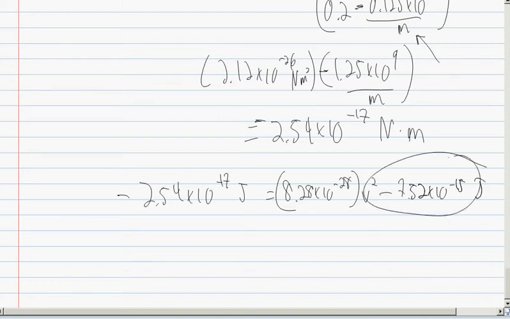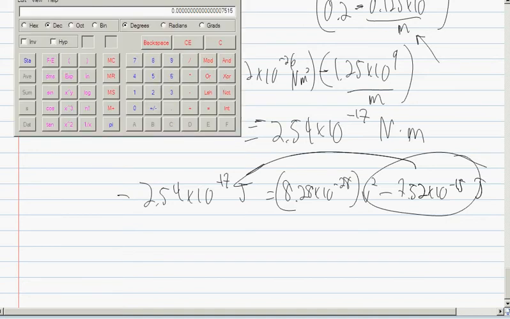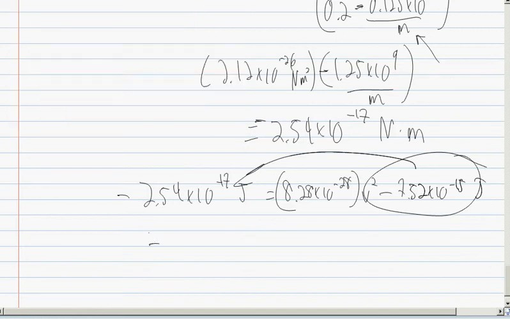I'll bring this to the other side. Basically, it's going to be like having 752 minus 2.5. So it's going to be like 7.49 times 10 to the negative 15 joules.